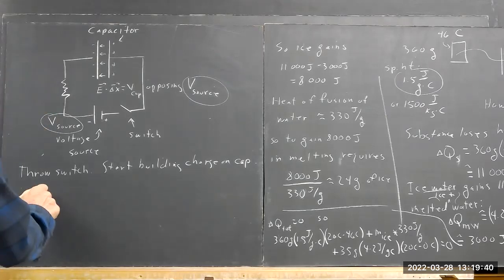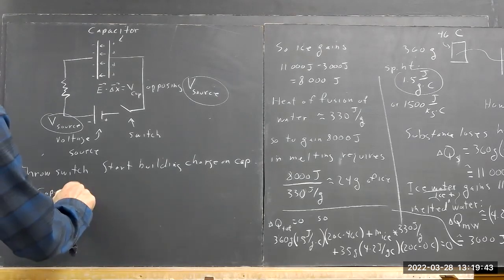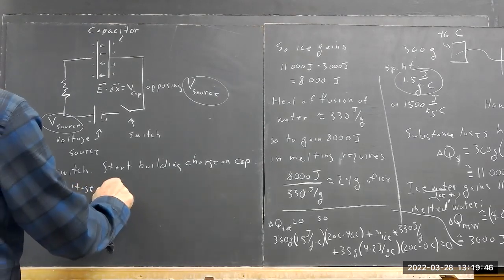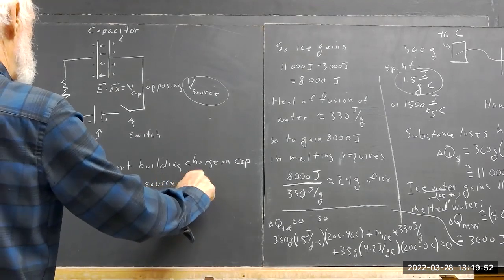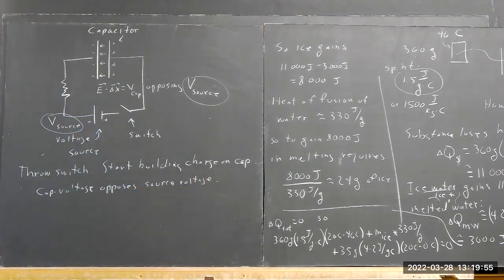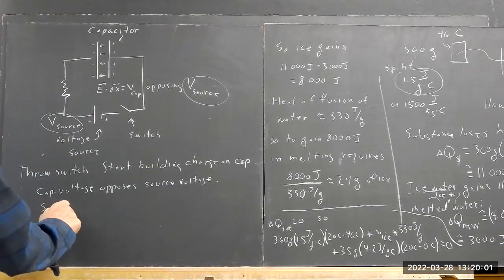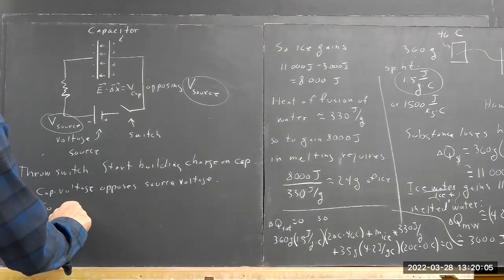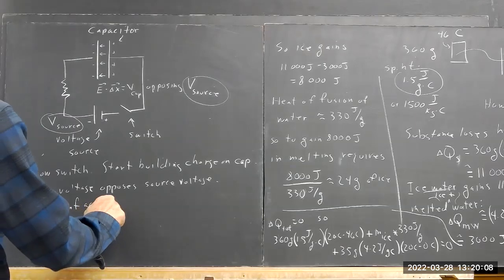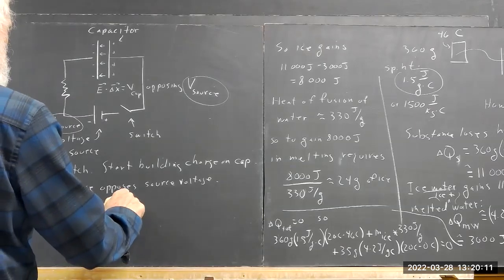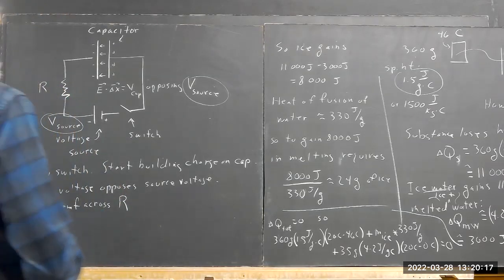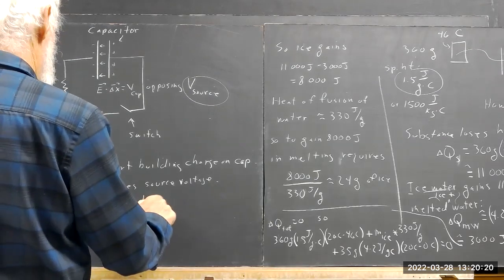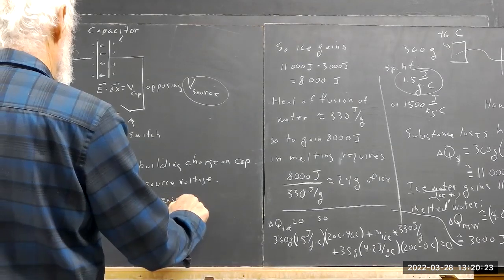And so this creates, across this resistance R, the EMF across the resistance R decreases.